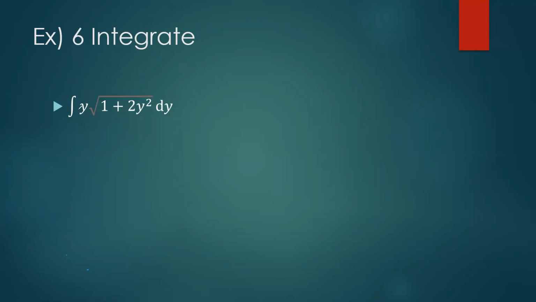So we have the integral of y times square root of 1 plus 2y squared dy. So now we're on like in y. So what would be my u? It's always the complex one. So I'm going to say my u would be 1 plus 2y squared.